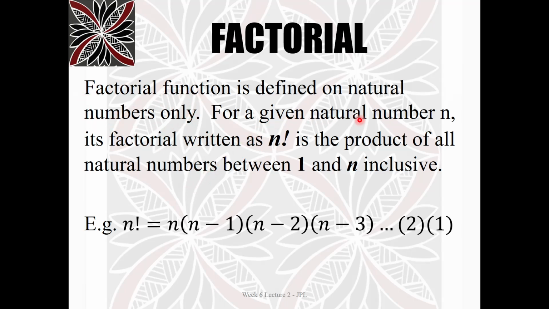For a given natural number n, its factorial is written as n factorial. This sign, the exclamation mark, in this topic is called factorial, and this is called n factorial. It's the product of all natural numbers between 1 and n, inclusively.